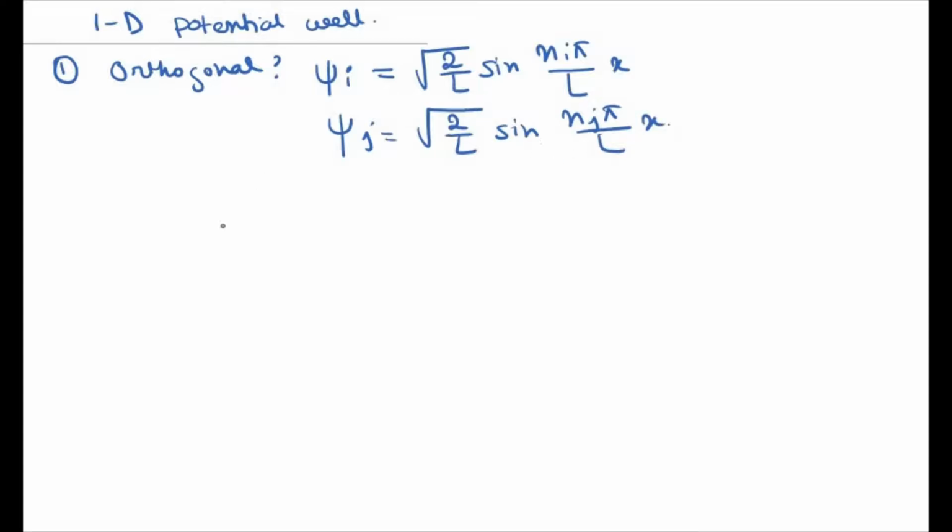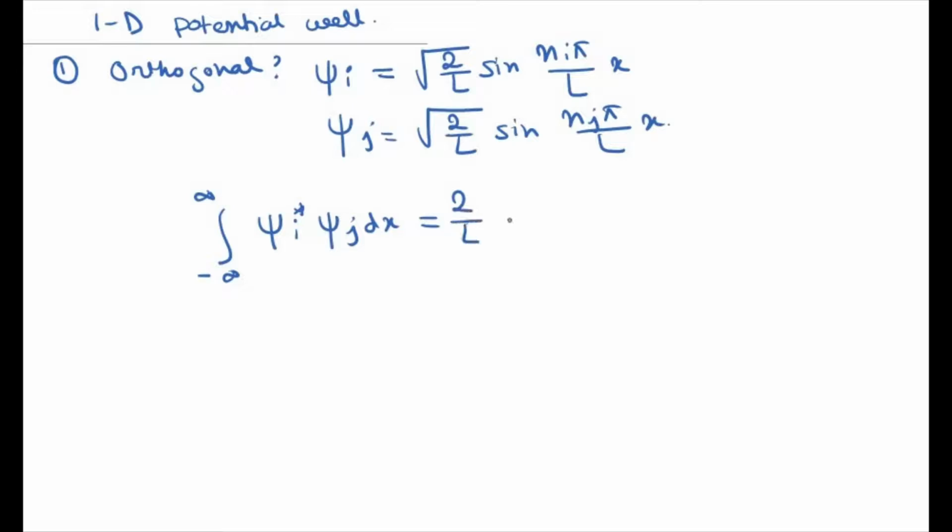If these two states are orthogonal, then the integral from minus infinity to plus infinity of psi i star psi j dx is equal to 0. So we just have to check for this condition. So let us calculate this.